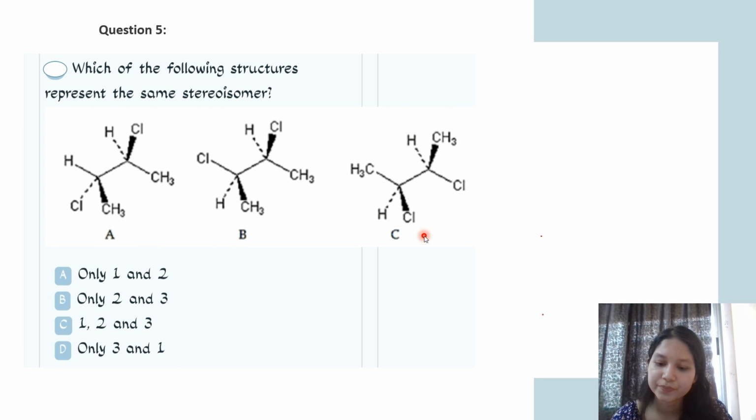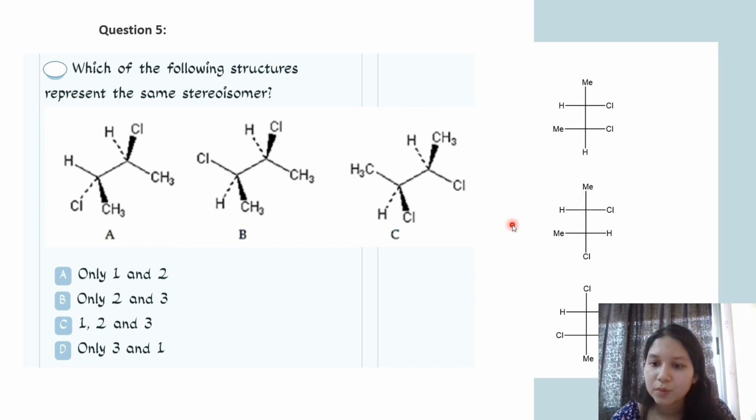placed in a different fashion, so that you get confused and we think, oh no, this is not the same stereoisomer. So how do we approach solving this question when you are given Sawhorse conformations of such molecules? First, we will simplify the structures given by converting them to their Fischer projections, because it becomes easier to assign configurations to the stereogenic centers present in the molecules if you convert them into Fischer projections.